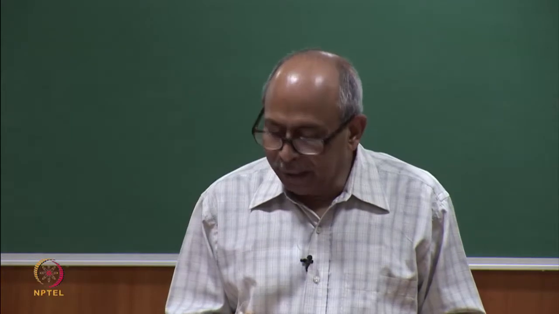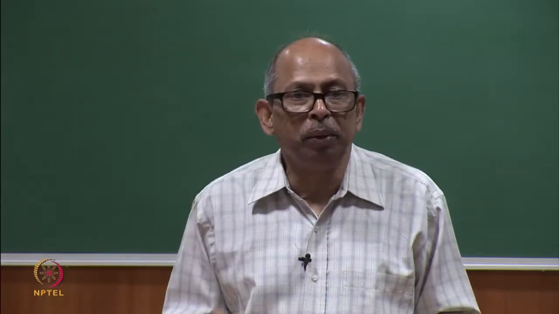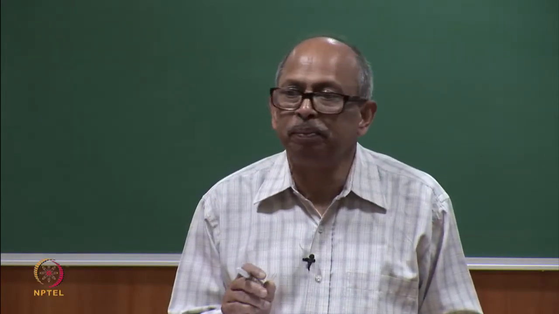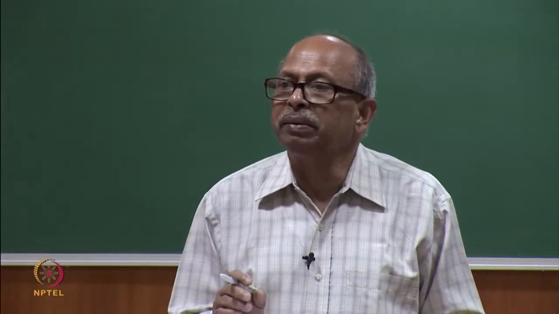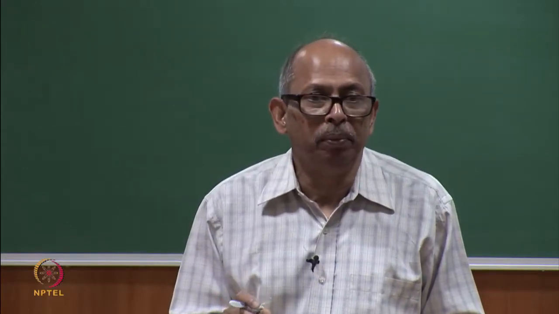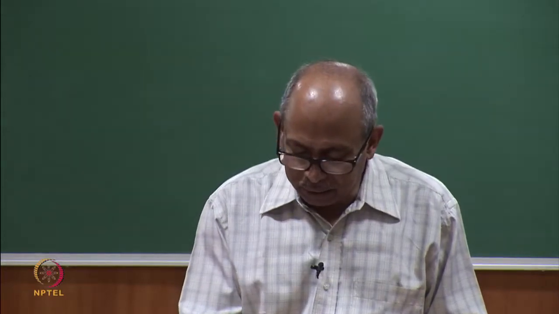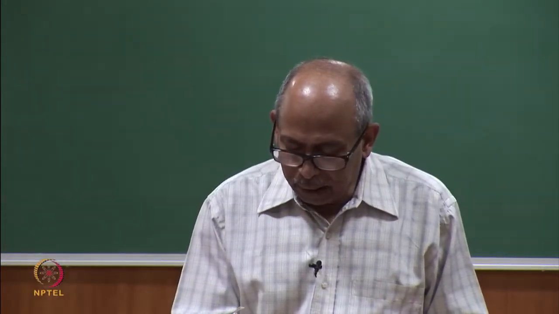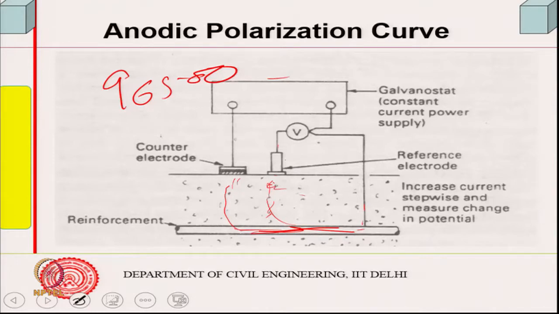Now, from Faraday's law, we know that to deposit 1 gram equivalent, you need approximately 96500 coulomb. So, 96500 equals I into T, because current is nothing but coulomb per second, charge per unit time, the flow of charge per unit time.